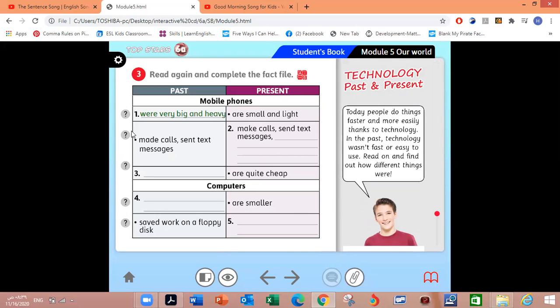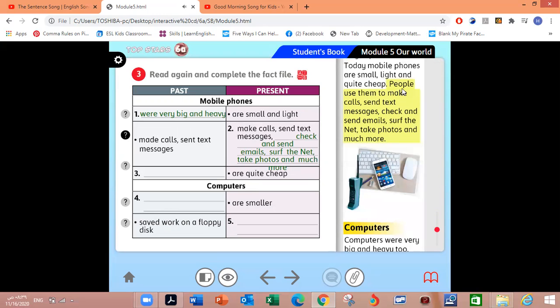Number 2. Made calls, sent text messages. In the past, we made calls, sent text messages only. But in the present, we can make calls, send text messages, and check and send emails, surf the net, take photos, and much more.